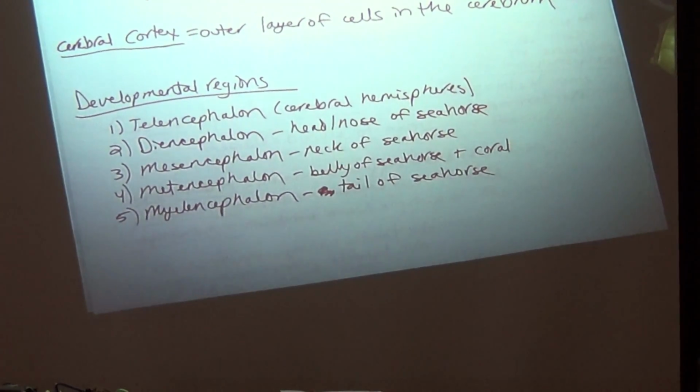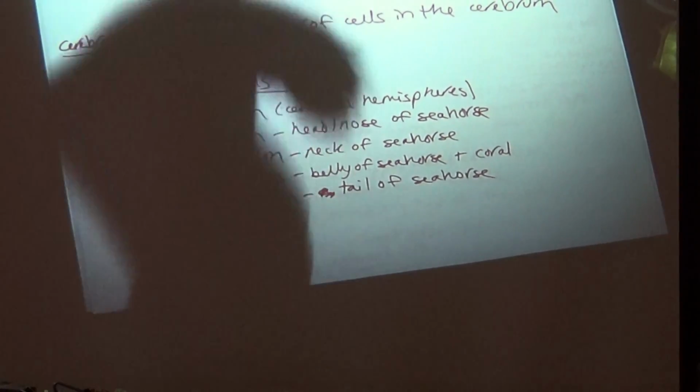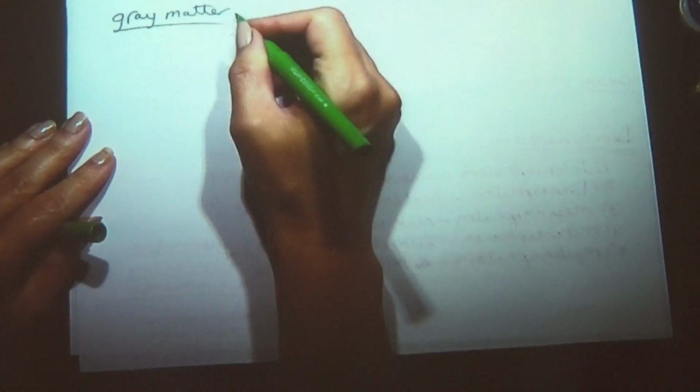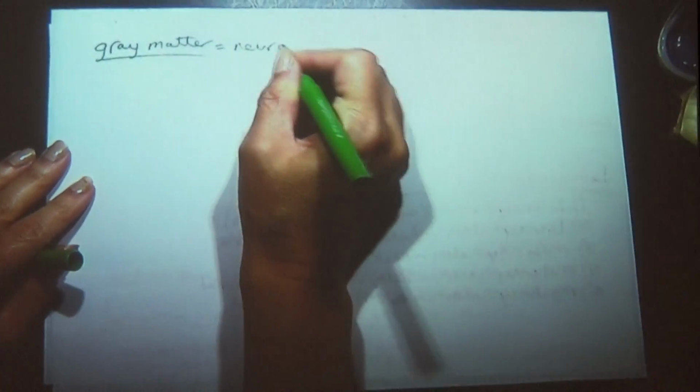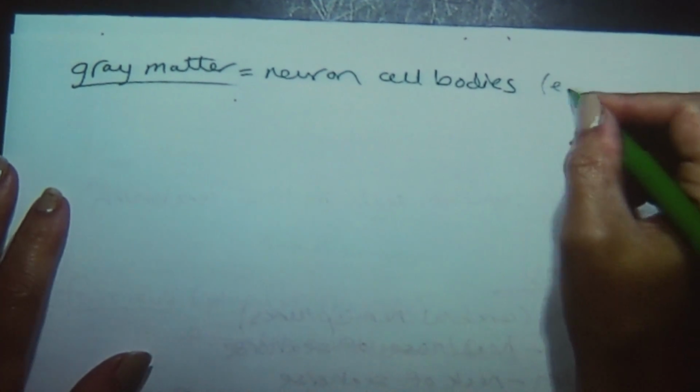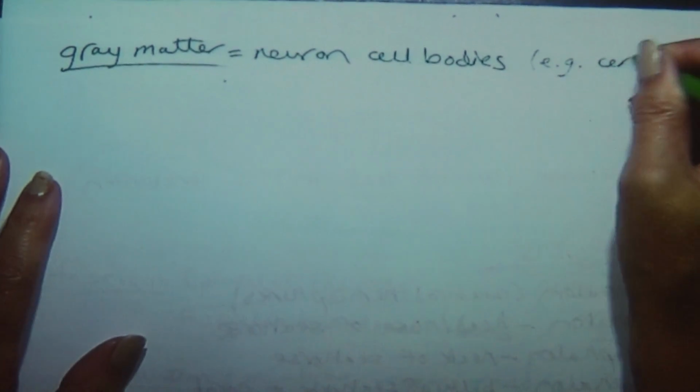Okay, so two more definitions, gray matter and white matter. Gray matter is where you have neuron cell bodies. So, for example, the cerebral cortex.